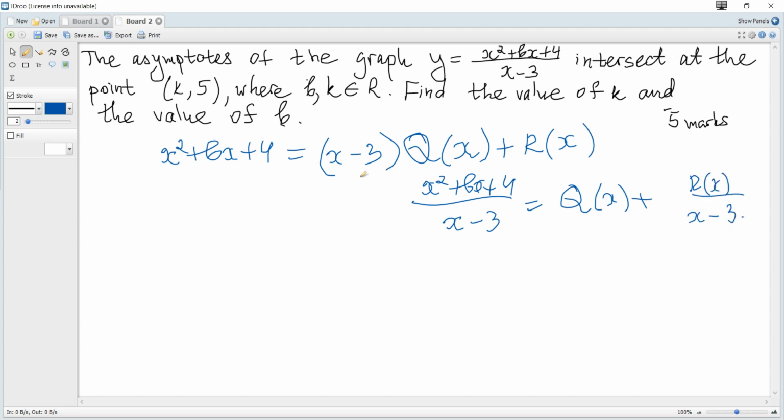So for x minus 3, I write 3 here, and the coefficients are 1, b, and 4. Just copy 1 here and then 1 multiplied by 3 and write the answer here.